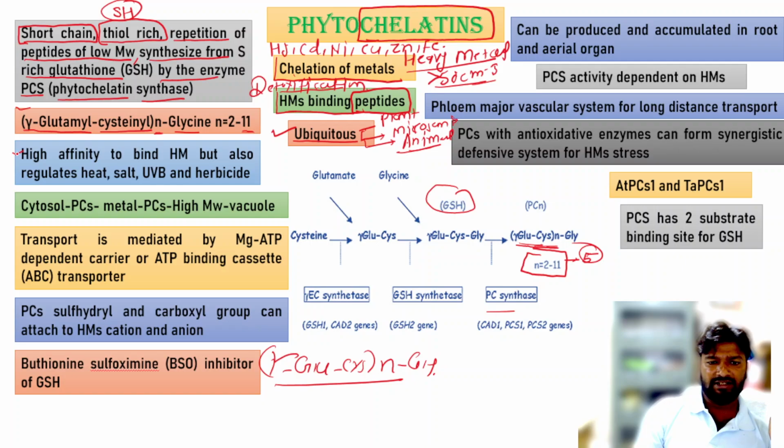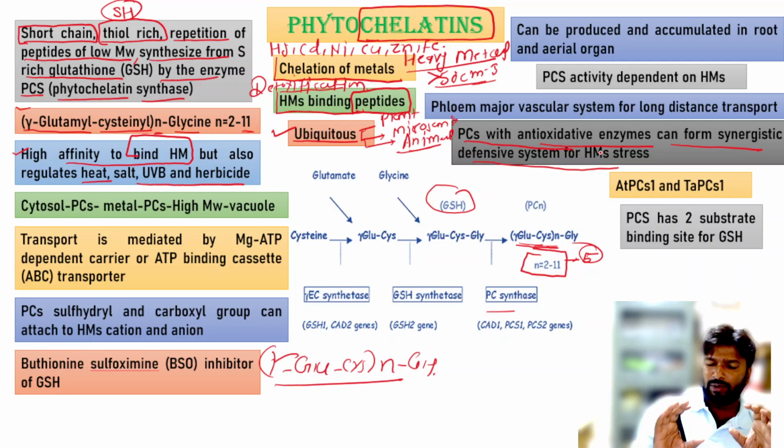These phytochelatins have high affinity to bind heavy metals, but they also have some important role during heat, salt, ultraviolet and herbicide tolerance. How? Because these phytochelatins connect with the antioxidant enzymes and form a synergistic defensive system for heavy metal stress.